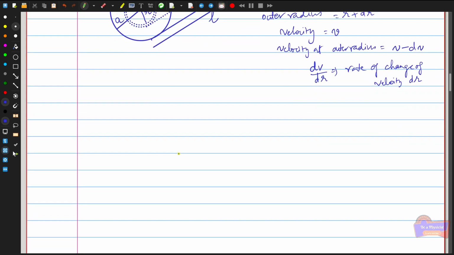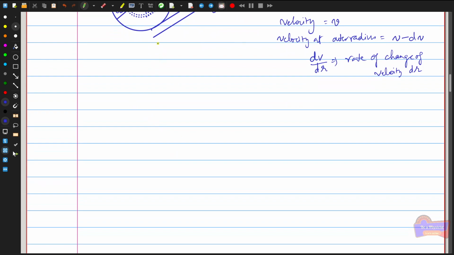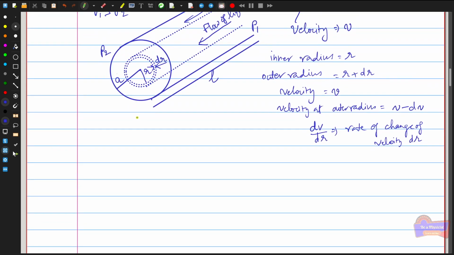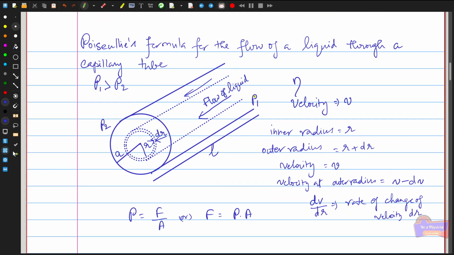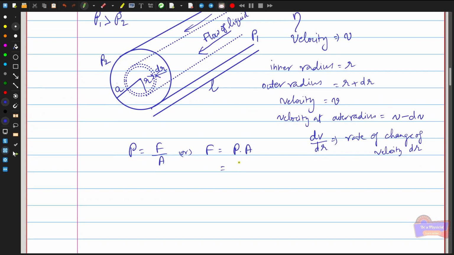Now we can work with the pressures P1 and P2. Pressure P is equal to force divided by unit area, so the force is equal to P times the area. The pressure difference between the two points of the capillary tube is P1 minus P2, and the area is pi r squared, considering only this small cylindrical cross section.